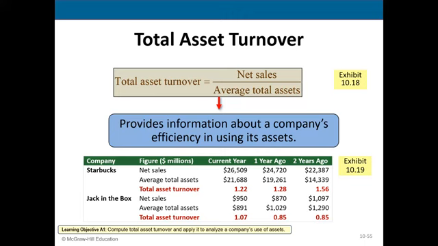How well am I turning over my assets? We take net sales divided by average total assets. Now, in accounting, to find the average of something, we take the beginning balance plus the ending balance divided by 2. That gets you the average.